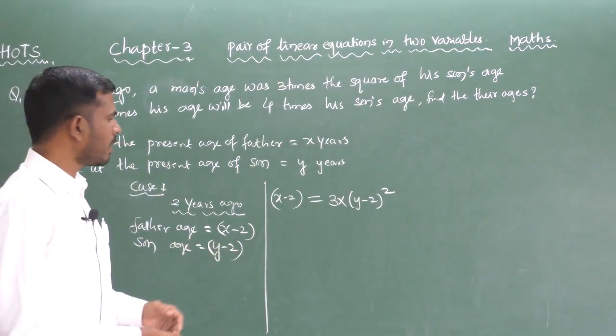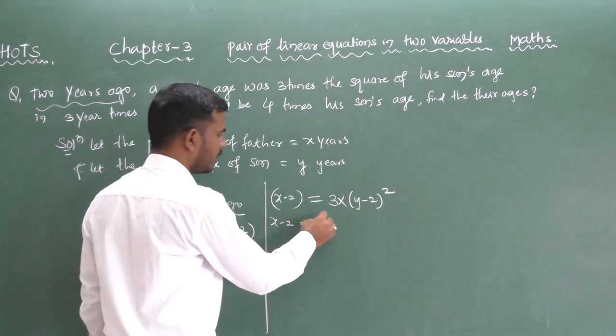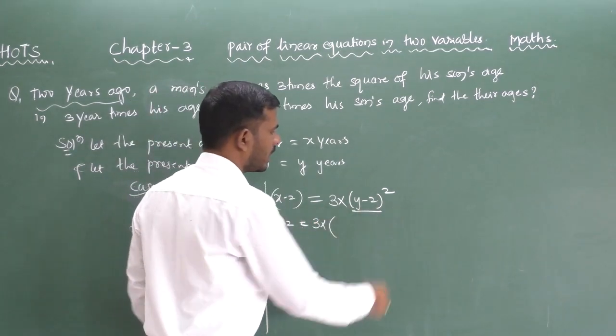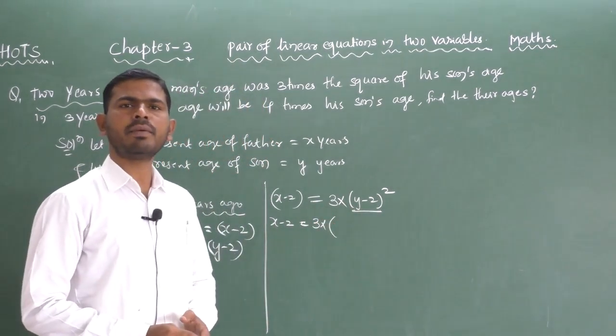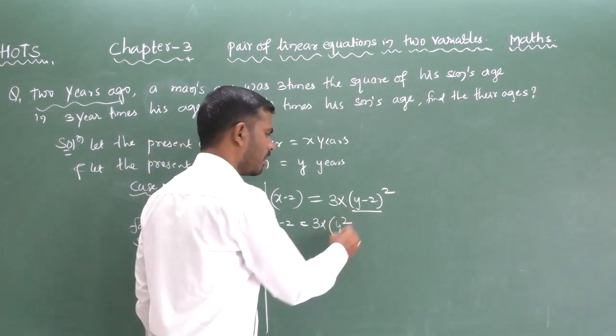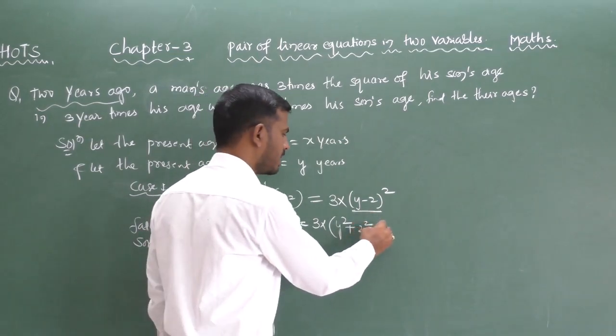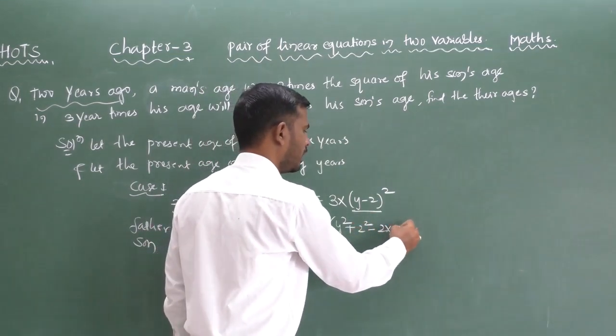Now we have to simplify: x minus 2 is equal to 3 into, and here you apply the formula of a minus b whole square, that is a square plus b square minus 2ab.